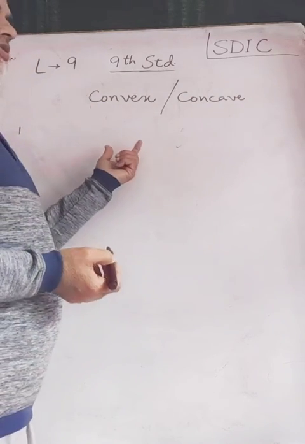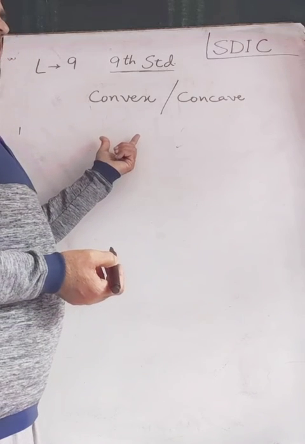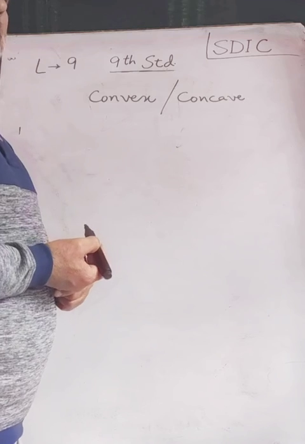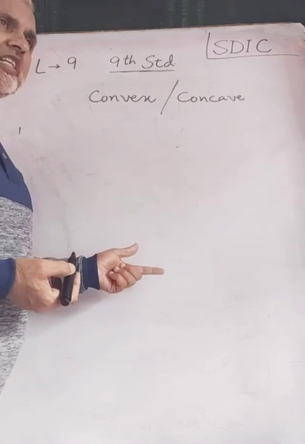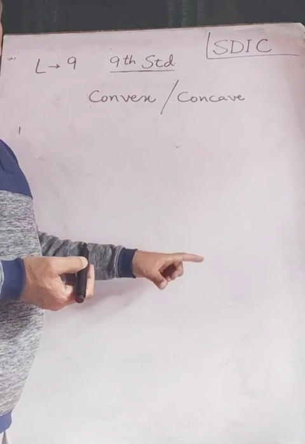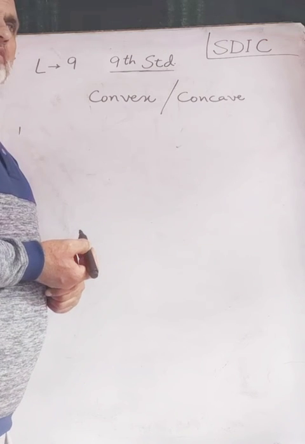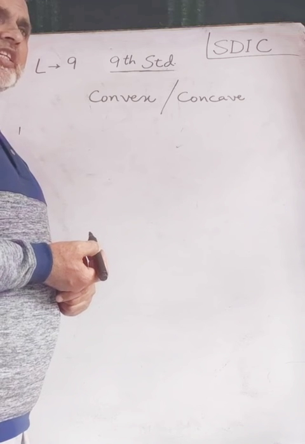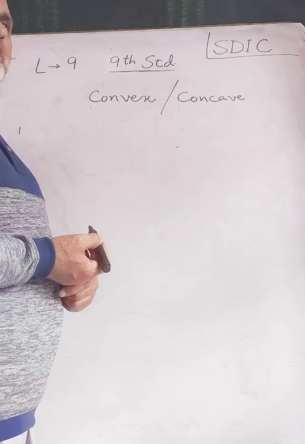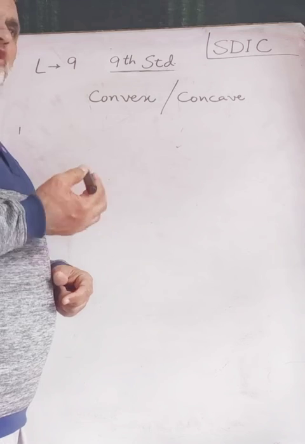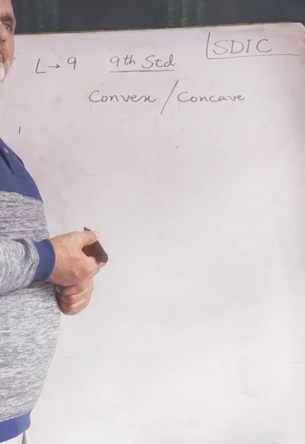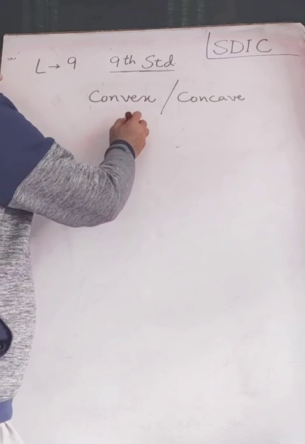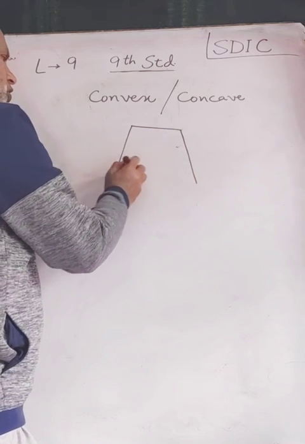Just to refresh, a quadrilateral is called convex if both the diagonals lie completely in the interior of that quadrilateral. When you draw the diagonals, if no part of the diagonal lies outside the quadrilateral, then it is called convex.